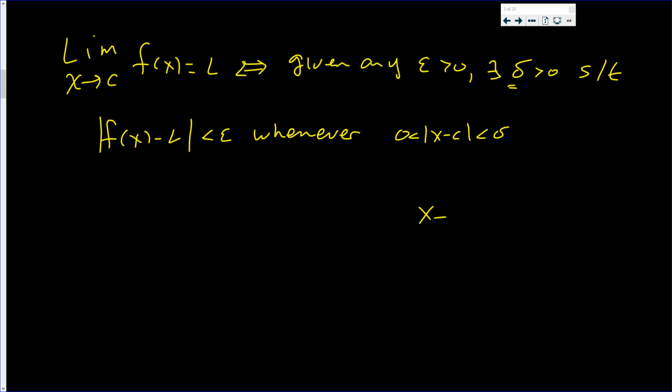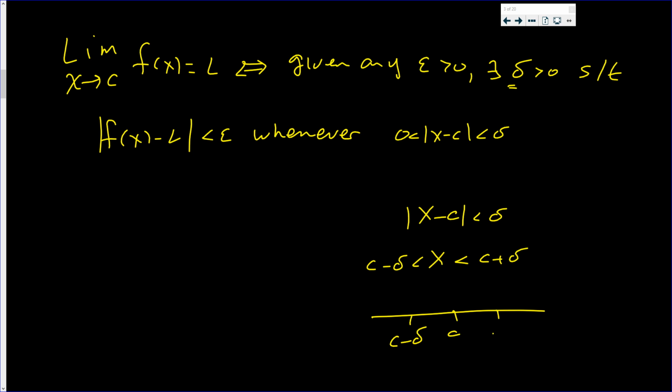Remember, again, x minus c is less than delta. This means that x is in between c minus delta and c plus delta. But you know what? C is in between here. Here's c. You take a little away, you add a little to c. C is in here. Somehow we need to remove c. We don't want to talk about when x is c. Okay, that is why we say that it's bigger than 0.